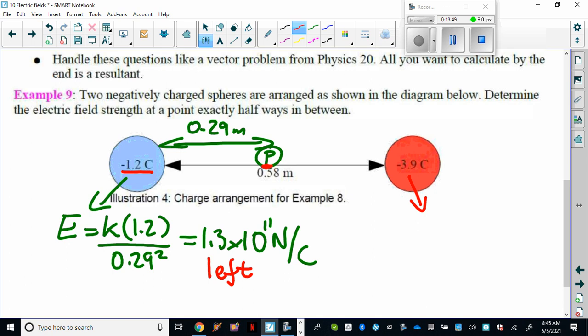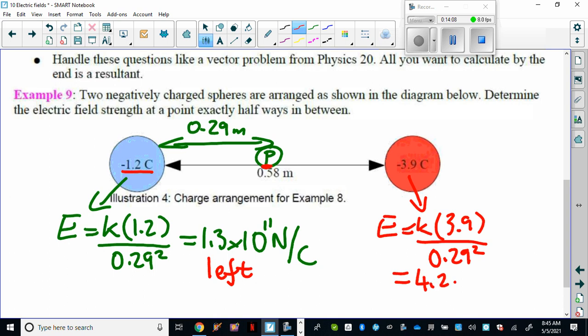Same thing for this one here. E equals K. This one's going to be 3.9. Again, note that I don't put the negative in there. Same distance because it's halfway. And for this, we get 4.2 times 10 to the 11 newtons per coulomb.